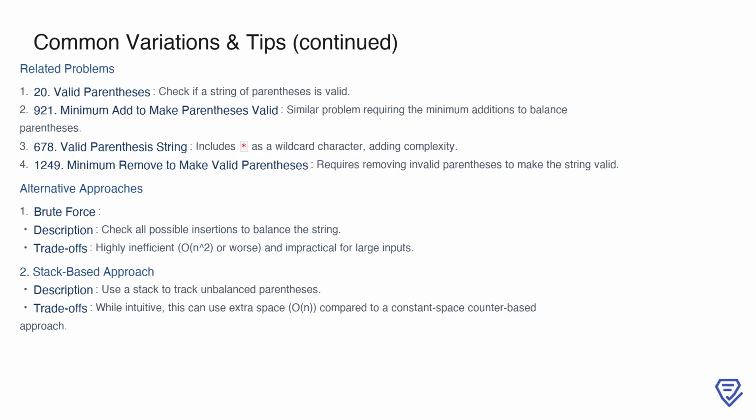Problem 678, valid parenthesis string, introduces an extra layer of complexity with wildcard characters that can represent either parenthesis or an empty space. Finally, problem 1249, minimum remove to make valid parentheses, focuses on removing invalid parentheses to create a valid string. Exploring these problems can deepen your understanding of balancing parentheses.